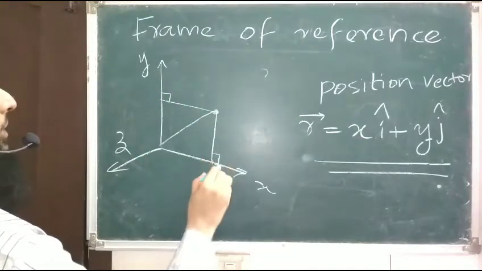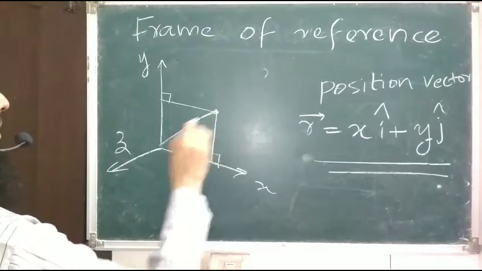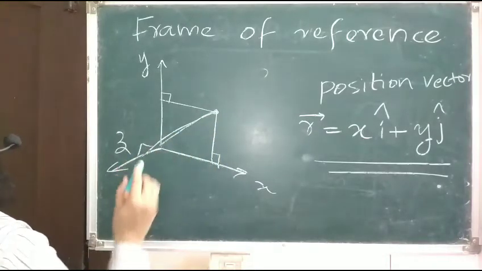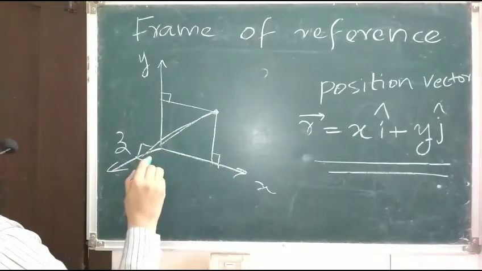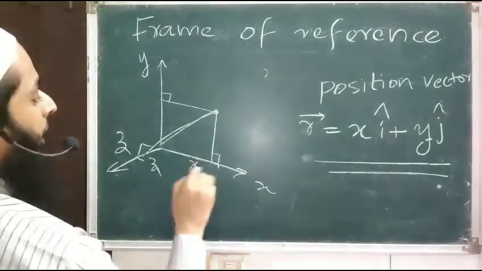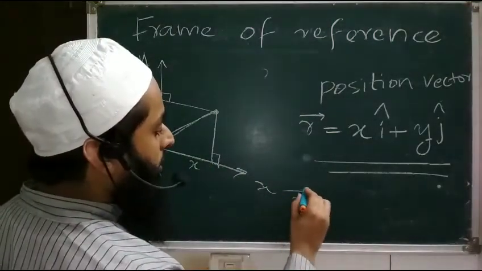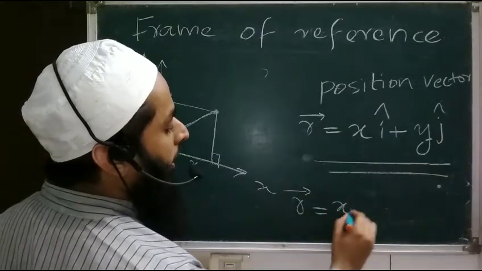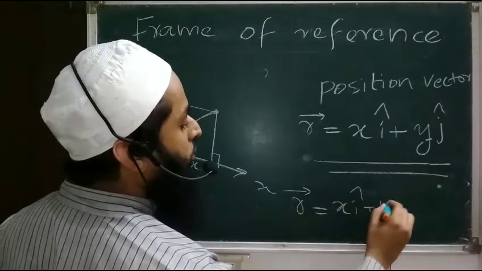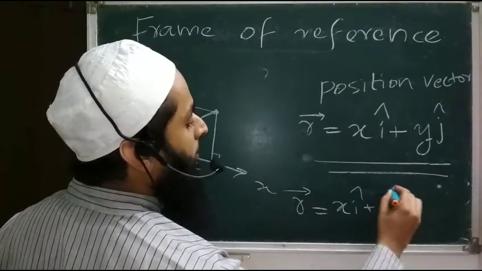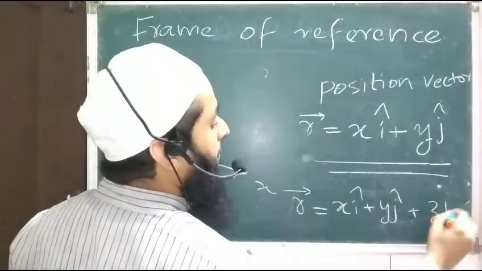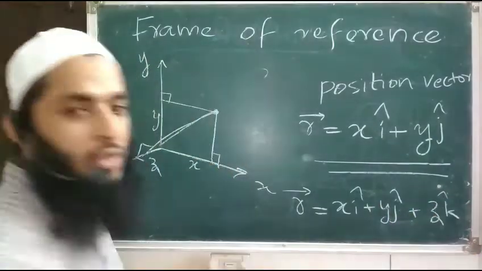Drop a perpendicular to the x axis, and a perpendicular to the z axis, so this coordinate will be z, this will be x, and this will be y. So if you're writing the position vector for this, it will be x i cap plus y j cap plus z k cap. I hope this is clear.